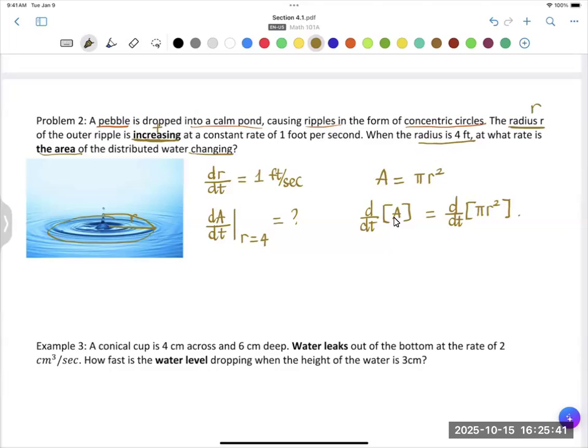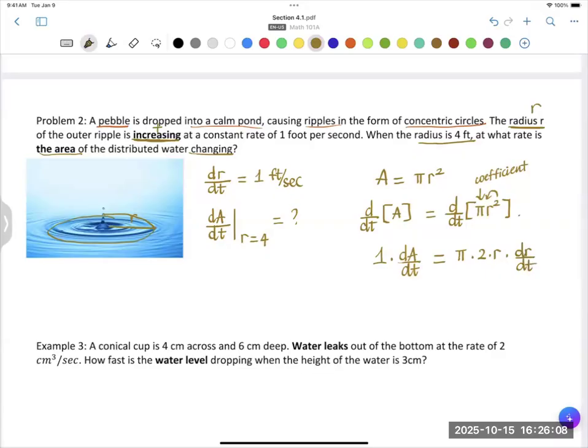The derivative of A is 1 times dA over dt, equal to the derivative of this; pi is the coefficient. When you have a coefficient in your derivative, the coefficient stays the same, and you take the derivative of r squared: bring down the power, and then 2r. And don't forget you have dr over dt. You have the chain rule.